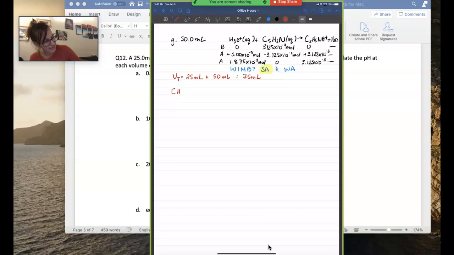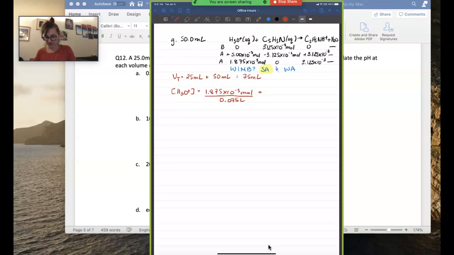And so to calculate the concentration after this titration at this point in time, you would take 1.875 times 10 to the negative third moles and divide it by 0.075 liters. And you would get the concentration.